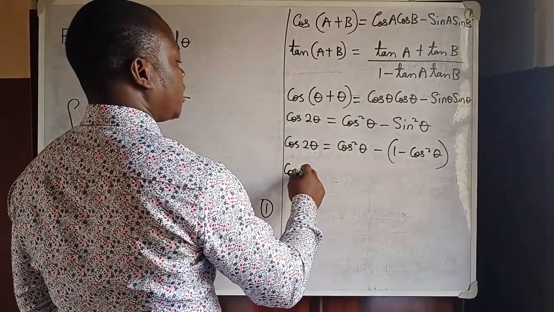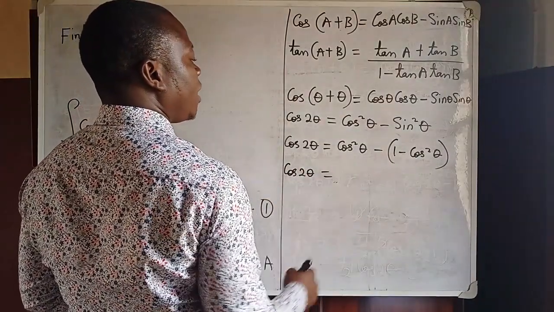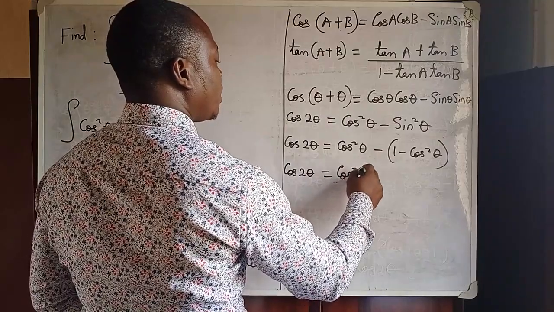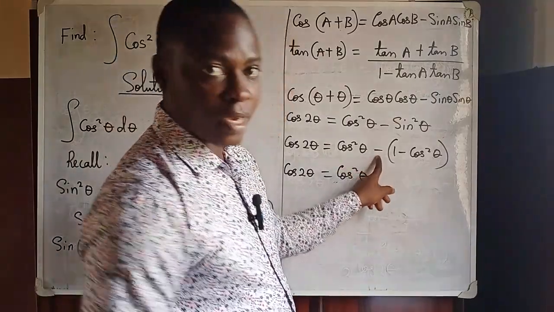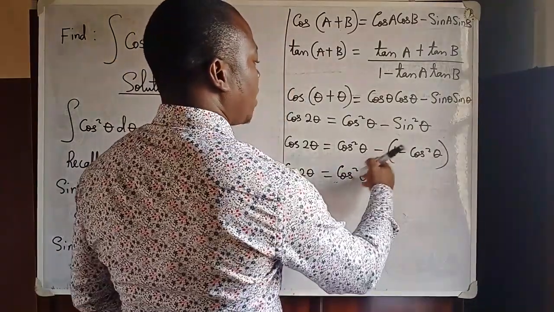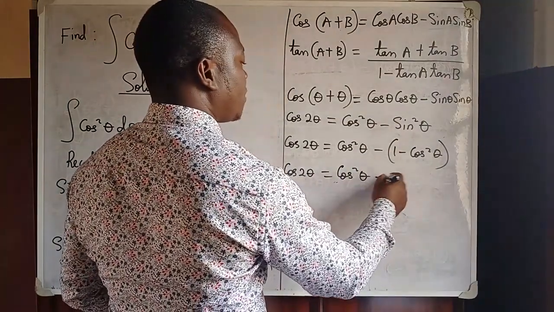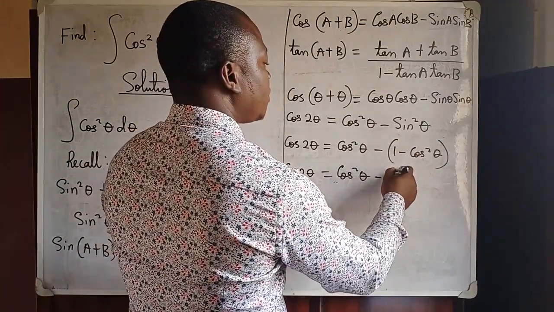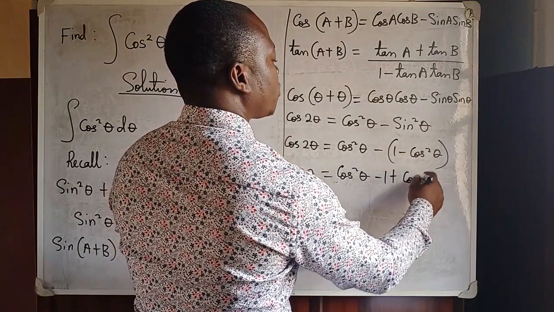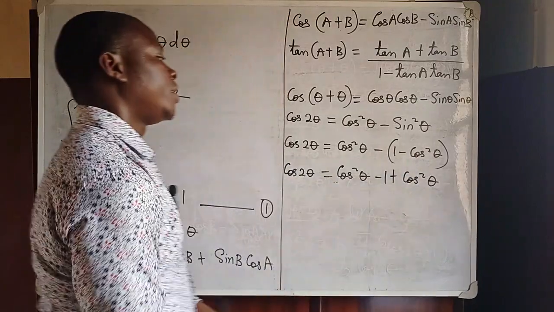So if I simplify further, I'll have cos squared theta, I open a bracket with this, minus. So minus times 1 is going to give us minus 1. Minus times minus is going to be plus cos squared theta.